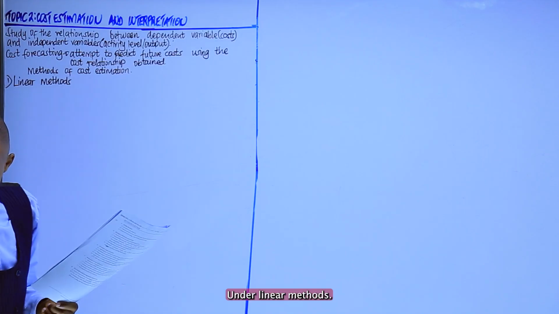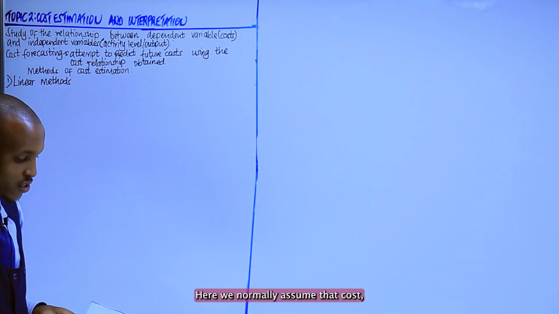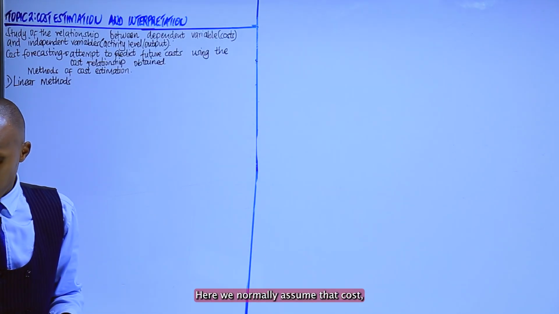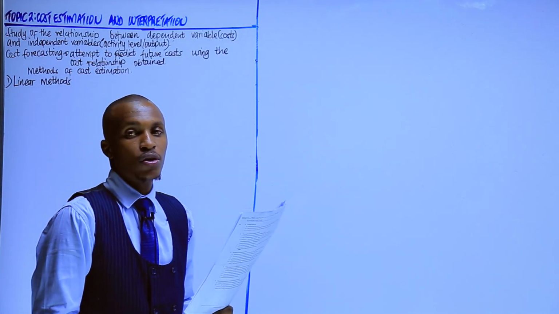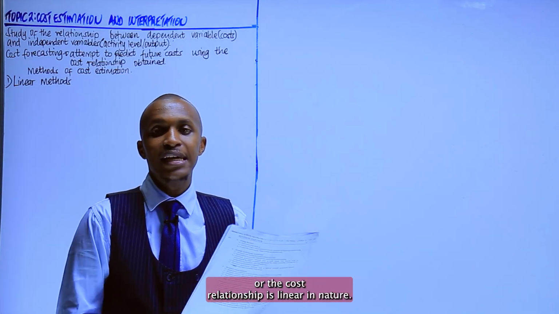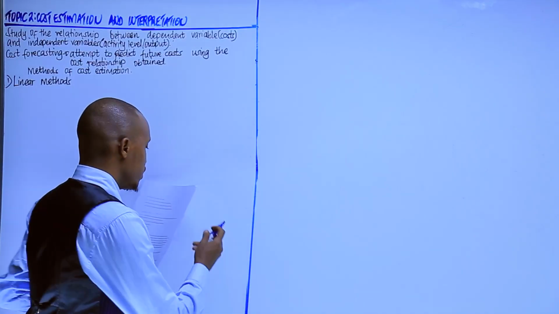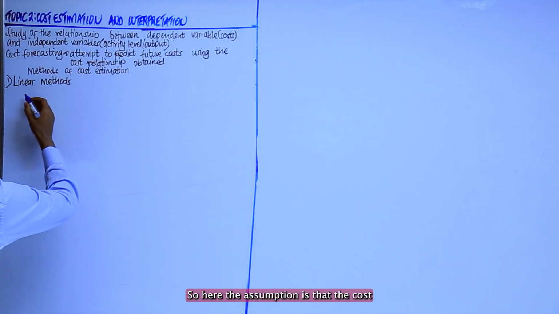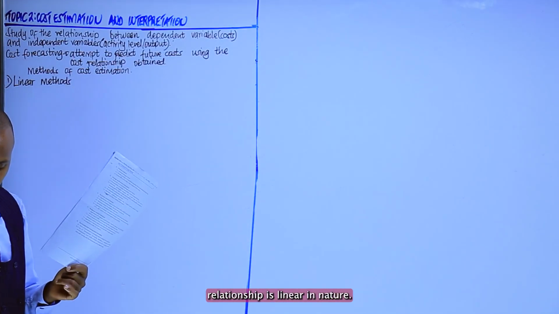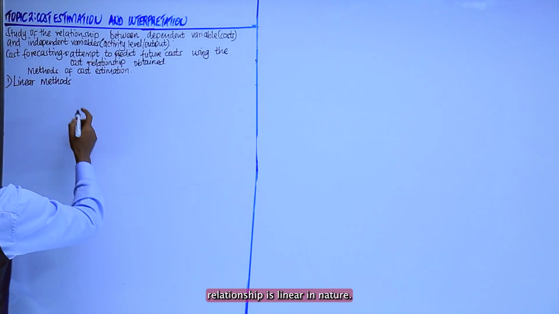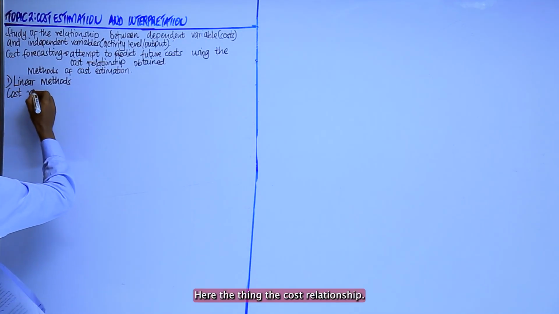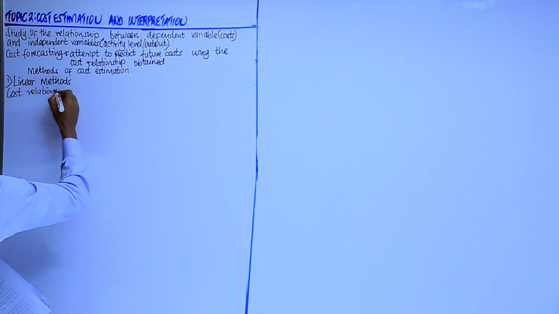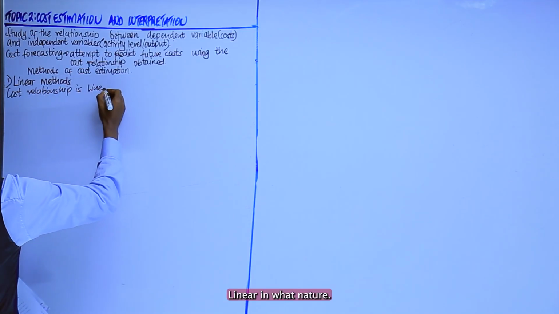Under linear methods, we normally assume that the cost relationship is linear in nature.